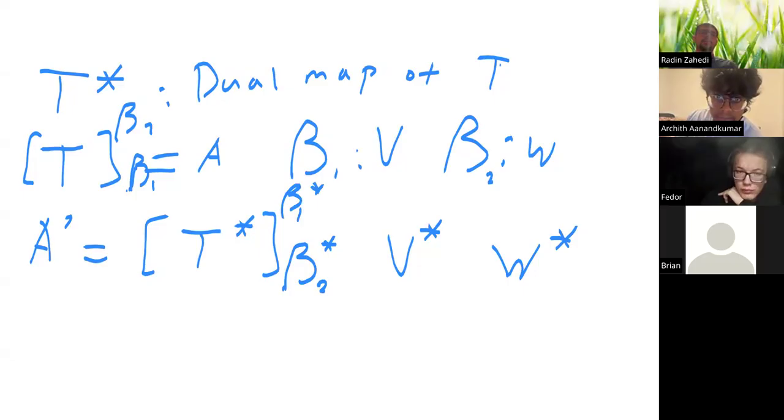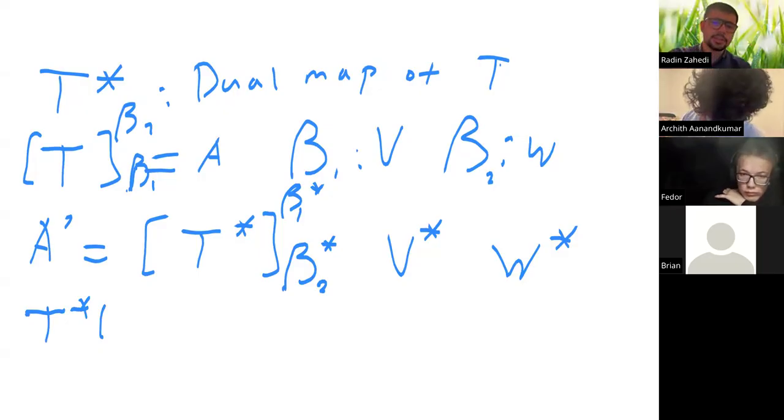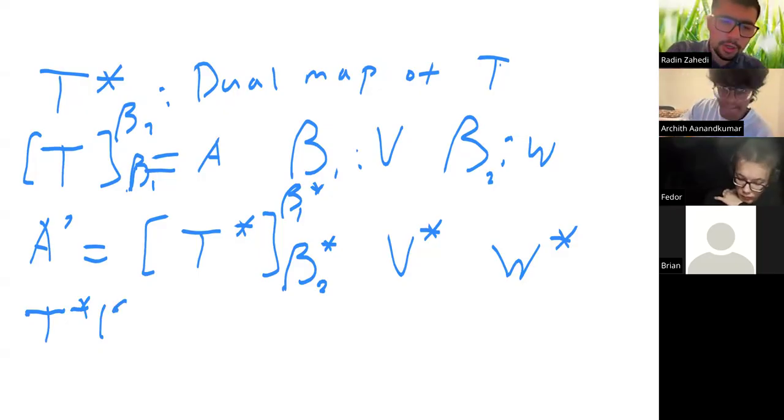And let's see how it looks. To compute our matrix A prime, we can compute each column. To compute each column, we can look at T star of the ith element of the first basis, that is Wi star.